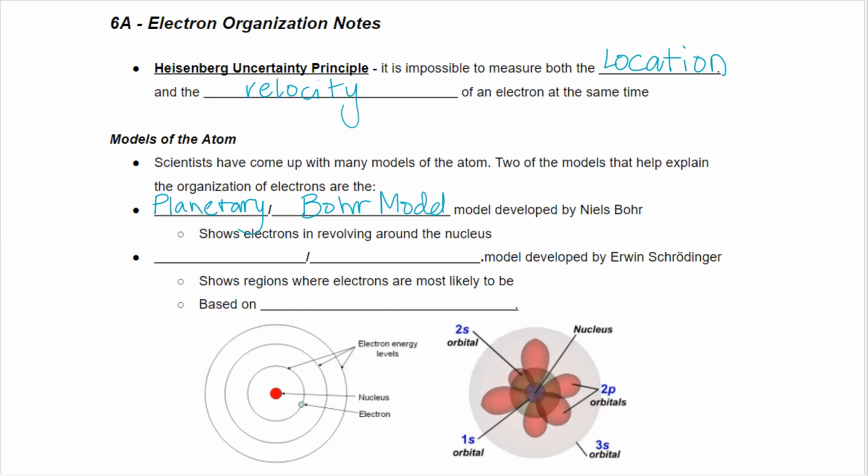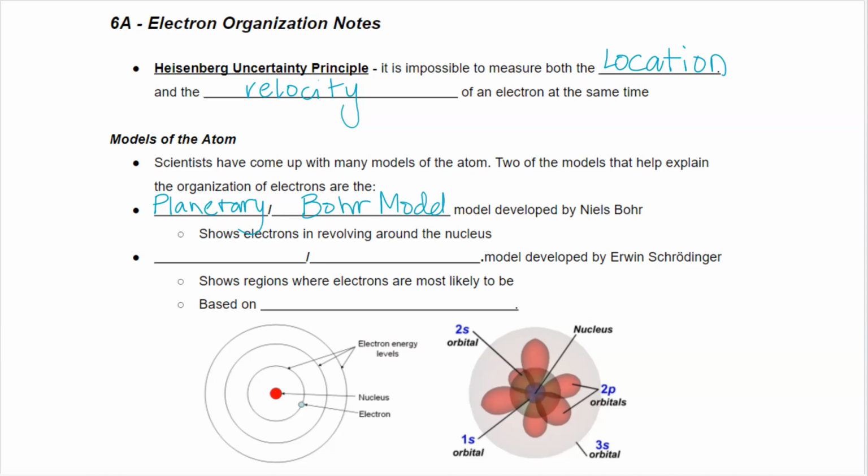So there are some electrons in that ground state, some electrons in the first energy level, some in the second energy level, and some in the third energy level, maybe, or fourth or fifth or sixth. And it also helps us show the movement of electrons between the energy states.